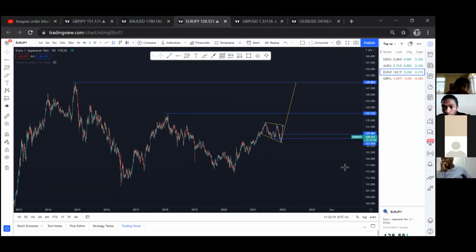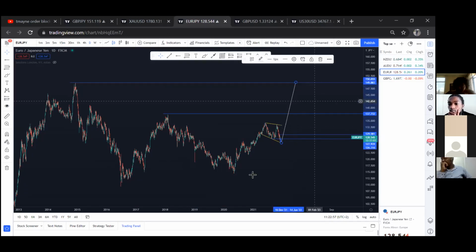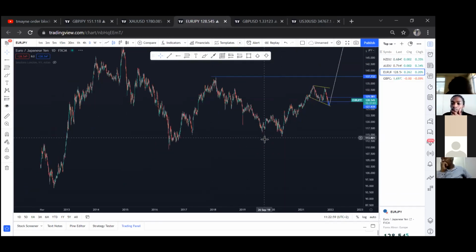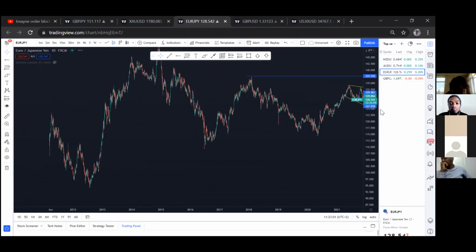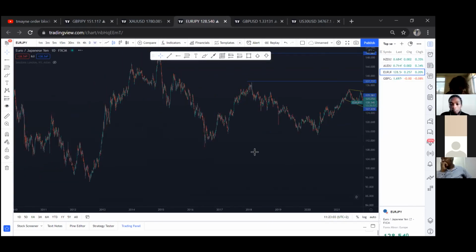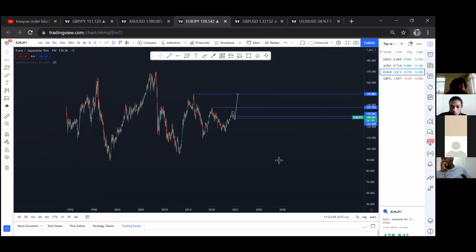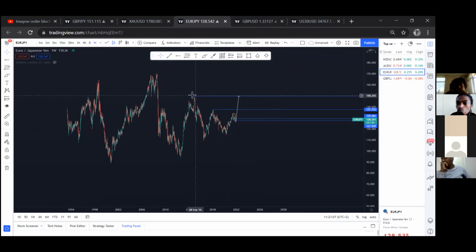But we do know that long term, we are looking for price to continue pushing all the way to the upside. As you can see, guys, the whole momentum is to the upside. Even if you just zoom out here, let me go to my weekly time frame. If you stay on my weekly time frame, guys, you're going to see that we do have this descending nature after we've seen so many impulsive moves to the downside.